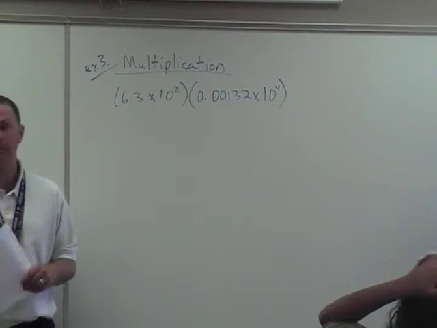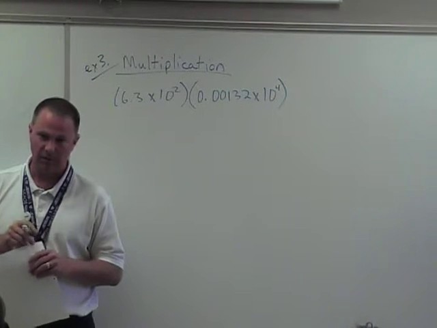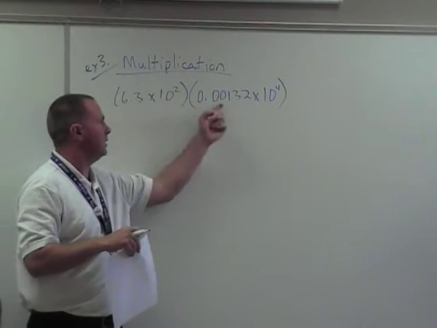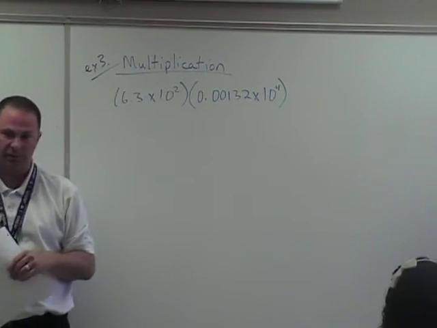Step 1, just like in division, I divided these two numbers. I'm going to multiply these two numbers, 6.3 times 0.00132. Everybody do that on your calculator.